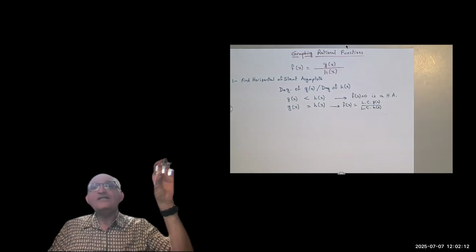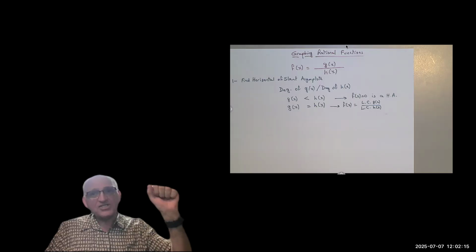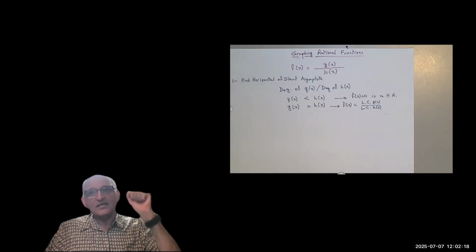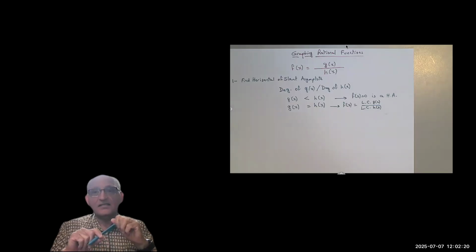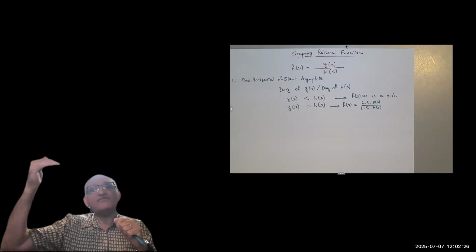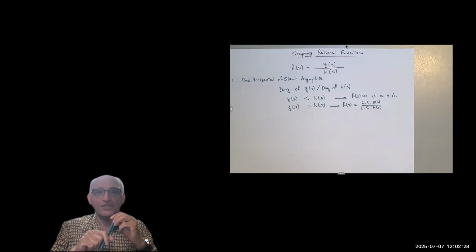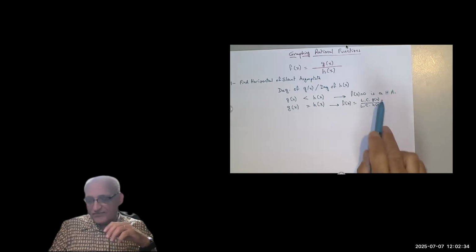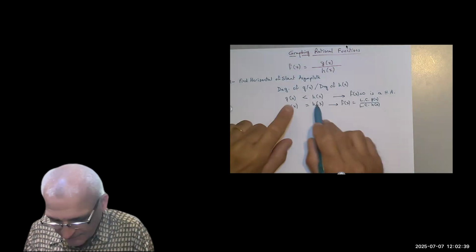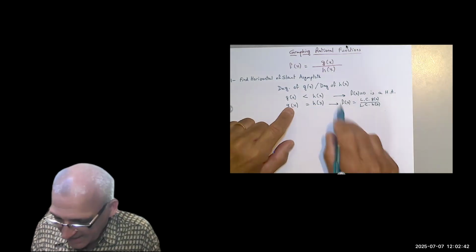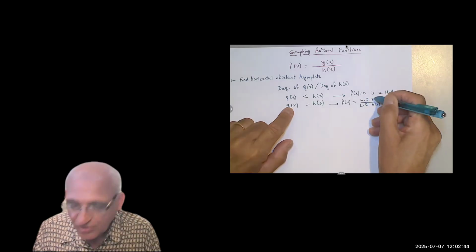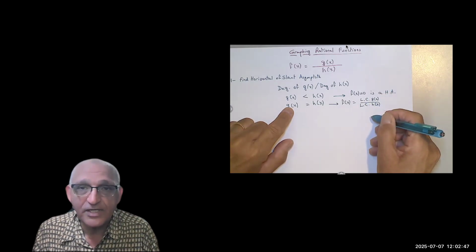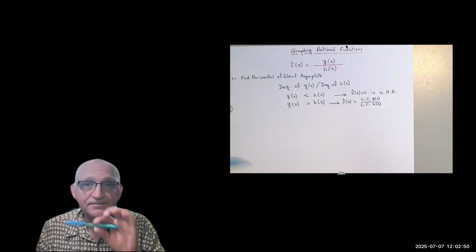So the 3, we call it the leading coefficient, which is the coefficient of the highest power of x, either in the numerator or the denominator. Sometimes, instead of saying the highest power of x, we refer to that as the degree. So if the degree is the same, then f of x equals the leading coefficient of the numerator over the leading coefficient of the denominator. That becomes the horizontal asymptote.